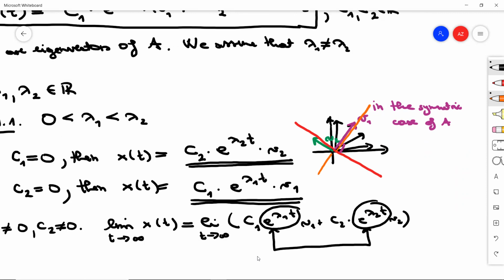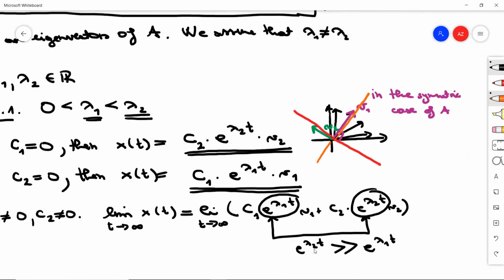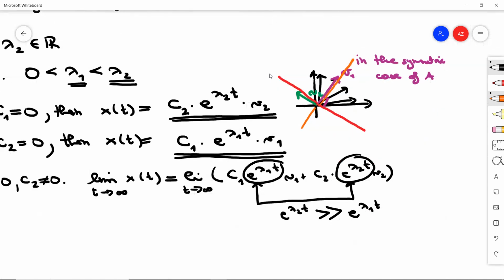And since lambda 2 is bigger than lambda 1, we see that this part prevails. So in the infinity, e to the lambda 2t is much bigger than e to the lambda 1t. So e to the power of lambda 1t is negligible compared to e to the power of lambda 2t.